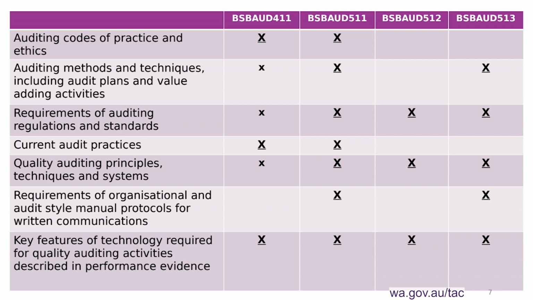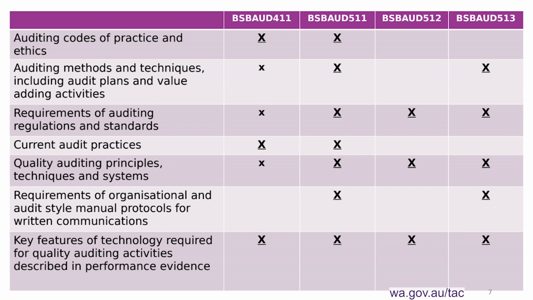The crosses that you can see that are small are where in those units some of that same information is required across the units. So, for example, on the 5th row down, quality auditing principles, techniques and systems, the 3, 511, 512, 513 have exactly the same wording in them, but the 411 unit only includes part of that. So it actually includes quality auditing techniques, but not principles and systems.